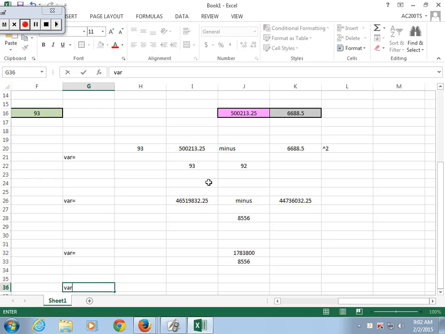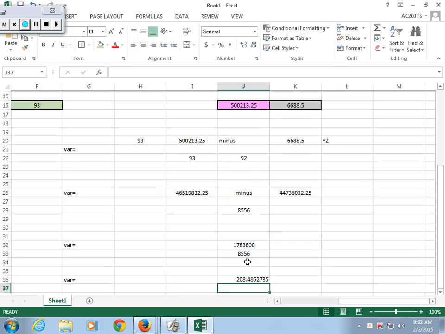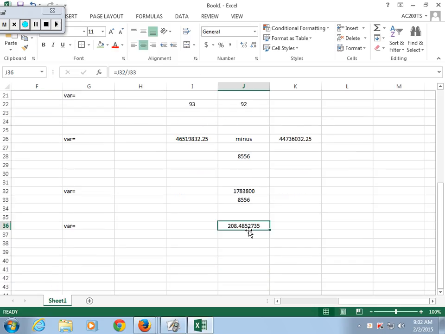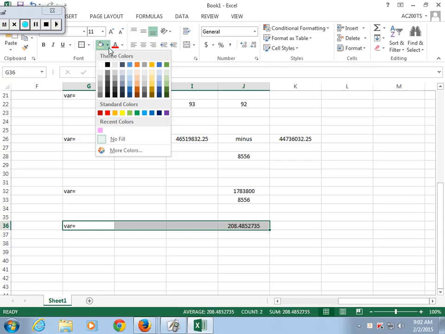Variance is equal to this number divided by this number. And there's your variance. Now sometimes your book or notebook or homework or test might ask for the variance. Well, there it is. I'm going to color it dang all orange.